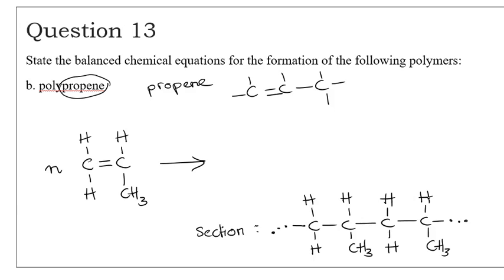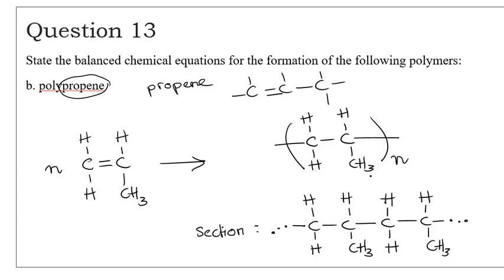As long as you have a CH3 for every monomer, you should be okay. So this section can be translated to this as the formula. So we're just going to show that we basically have this being repeated n times like that, and that's fine.